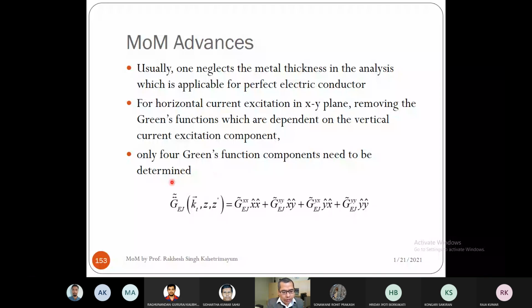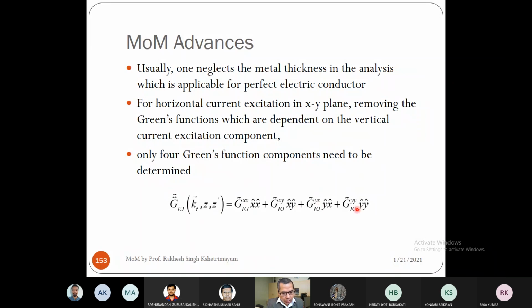And most of the time, when you consider method of moments, you don't consider the volumetric analysis. You actually analyze method of moments for the surface. So there, you can just consider the xy plane, you can neglect the z-axis, which is the thickness. In that case, among the 9 components, you just need to worry about those components which are independent of z. So when you note down, what you can observe is that you'll have only gxx, gxy, gyx, gyy.